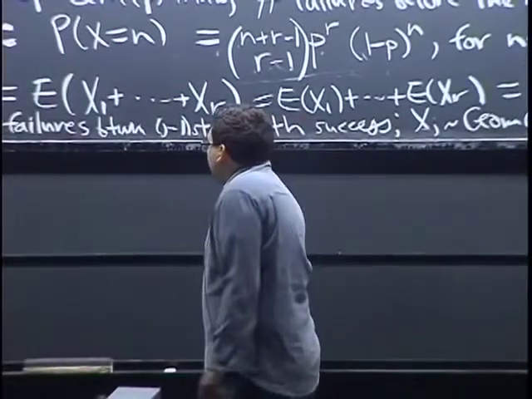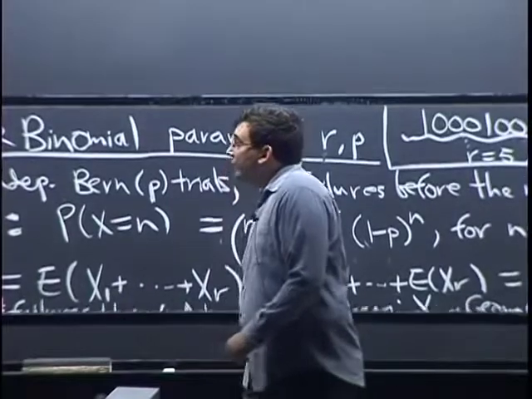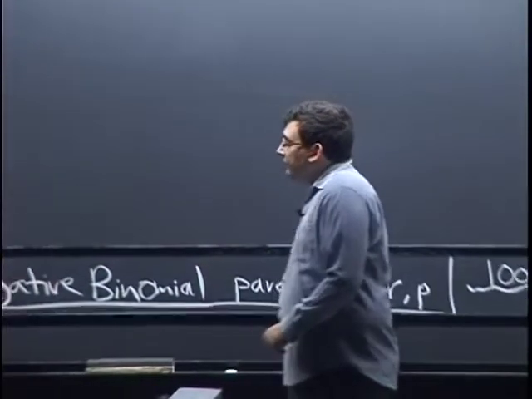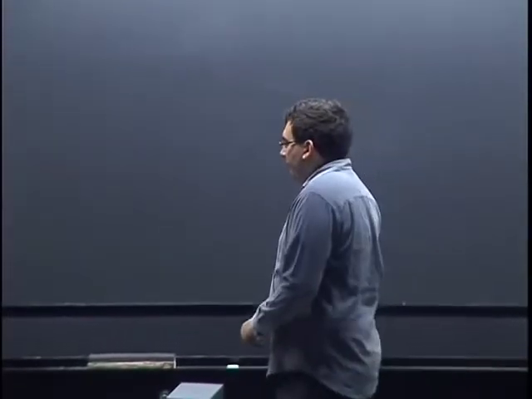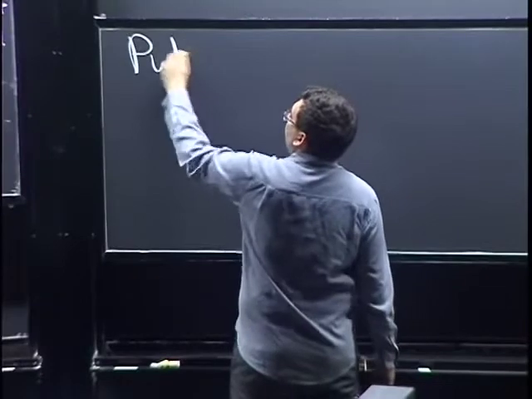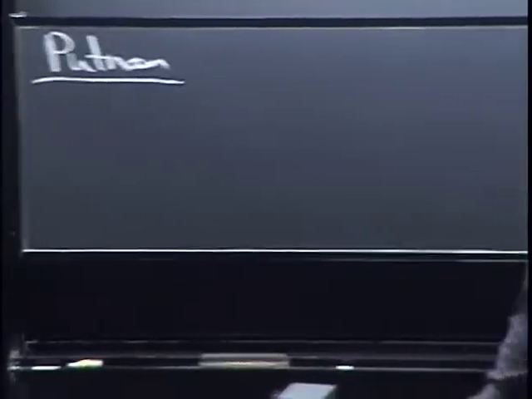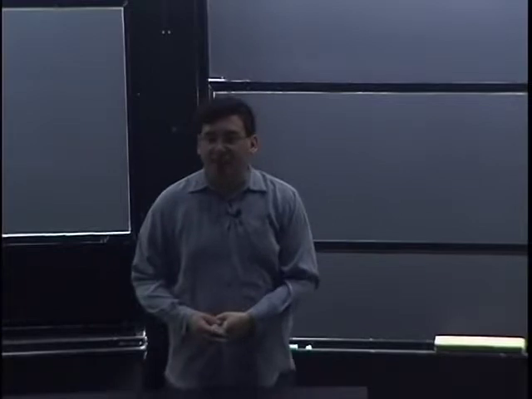Here's another problem I really like. This is a problem that came from the Putnam exam a few years ago. For those of you who don't know, the Putnam is one of the hardest math competitions in the country. It's an extremely difficult math exam, offered every year.